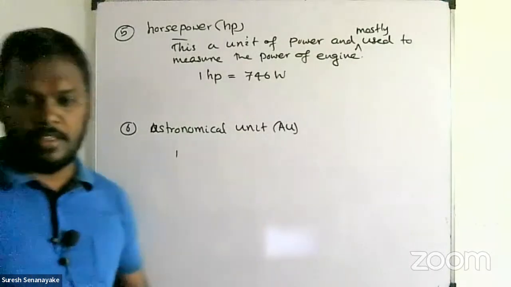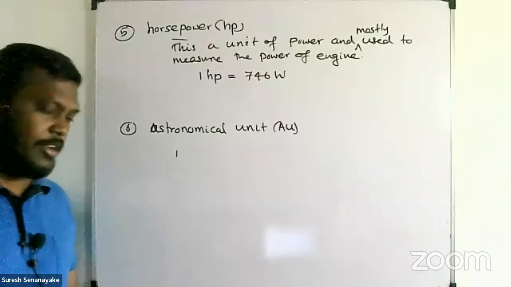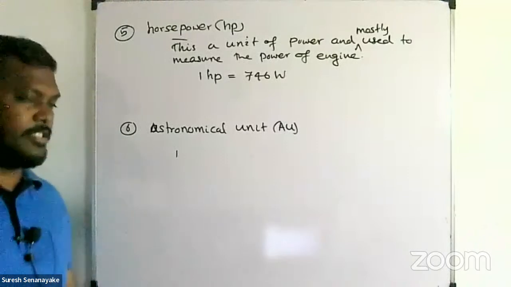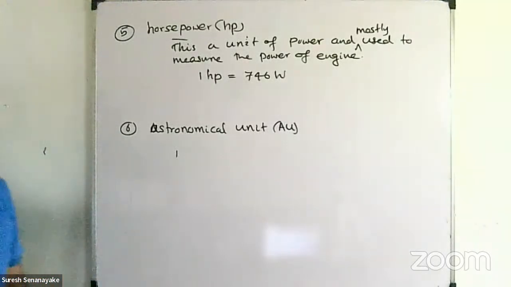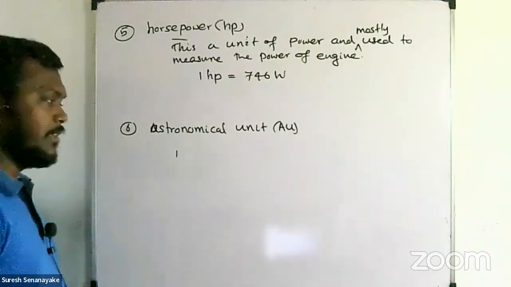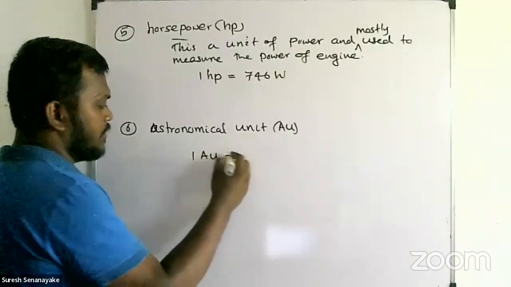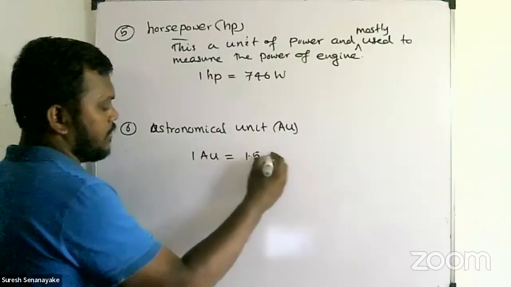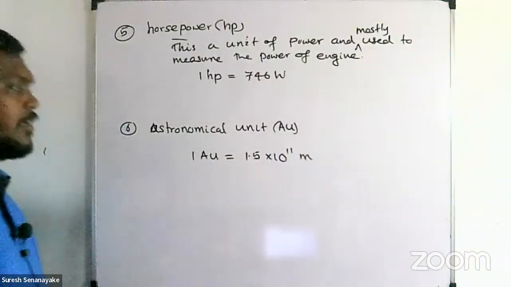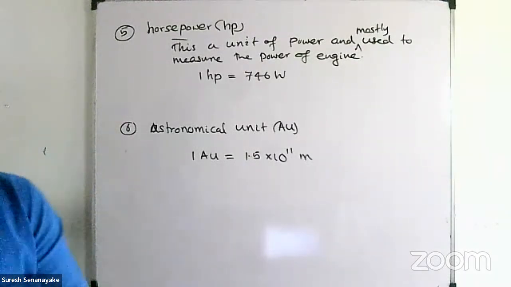One astronomical unit is defined as the average distance between the sun and earth, which is approximately 1.5 × 10^11 meters.